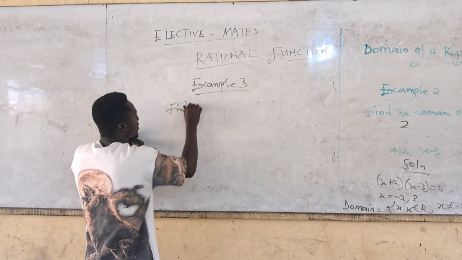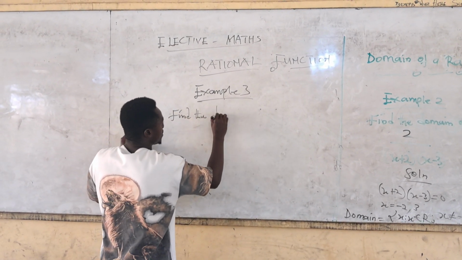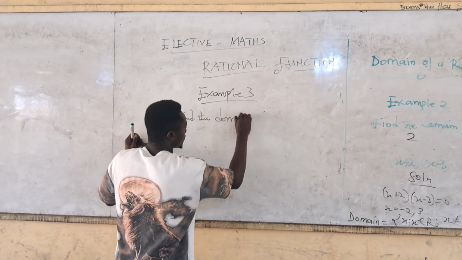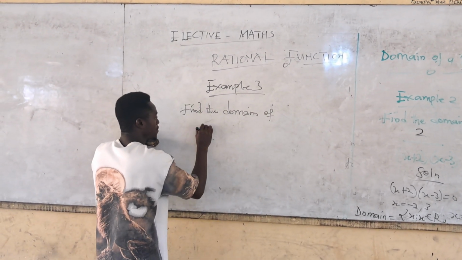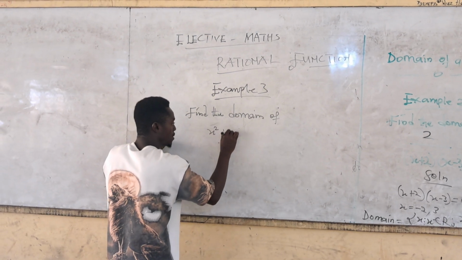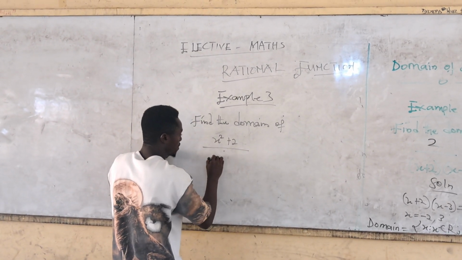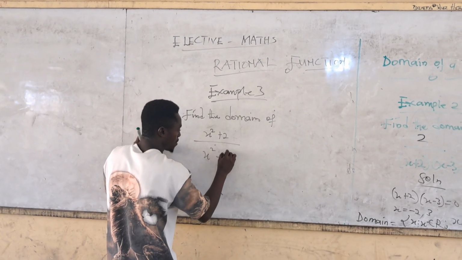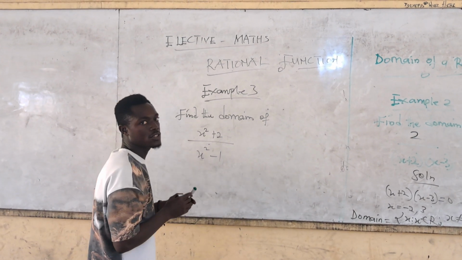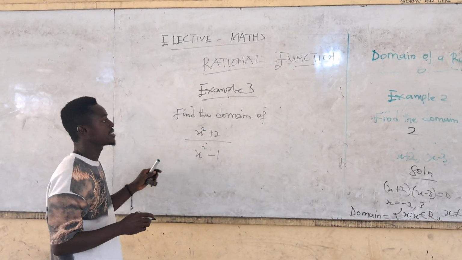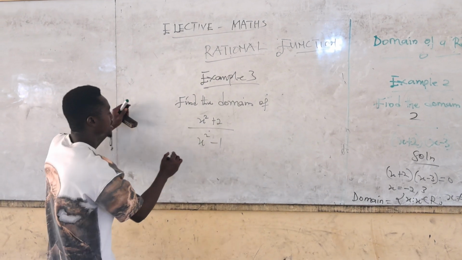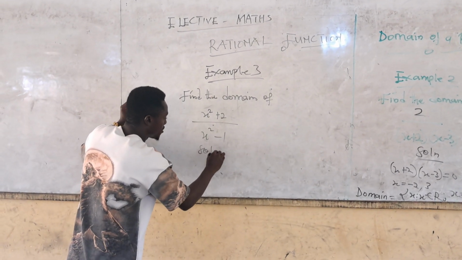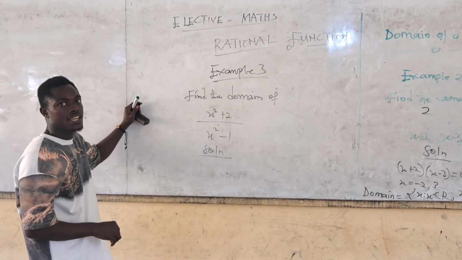Find the domain of this one. Now you can solve this question, but I'm solving it, and once you are done, you can recheck your answer if it is correct.